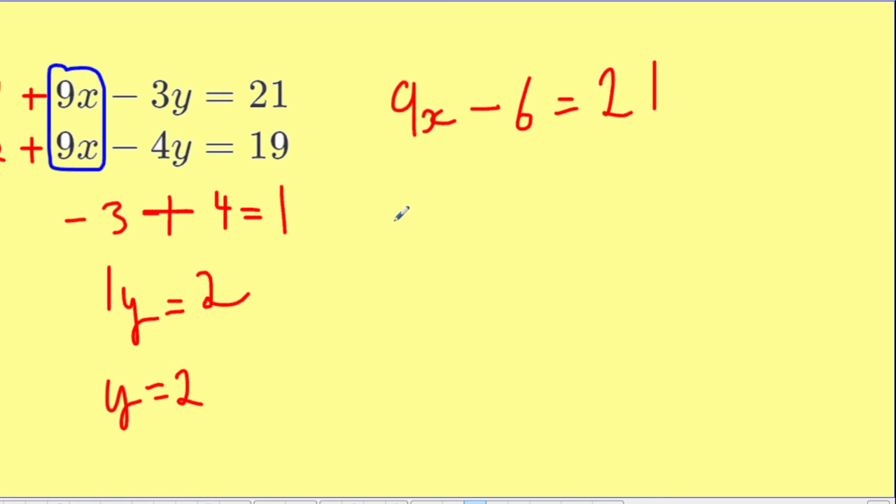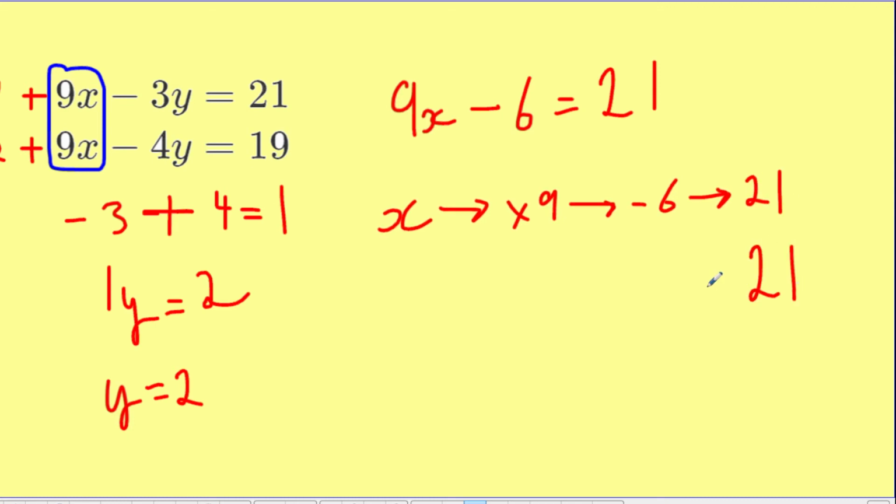Okay, use our diagram. We're trying to get x, so x times 9 take away 6 is 21. And then 21 plus 6 divided by 9 is going to give us x. So 21 plus 6 is 27, divided by 9 is 3.